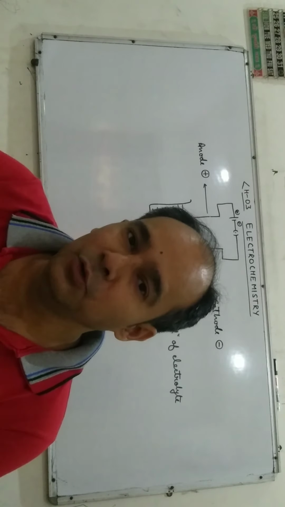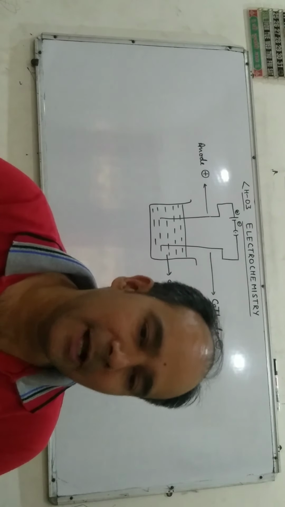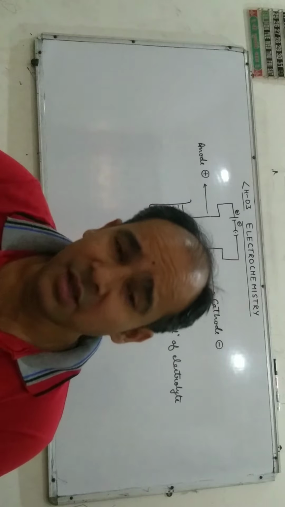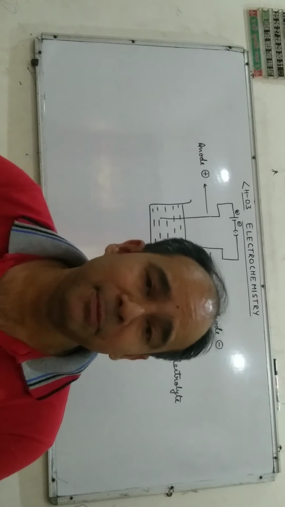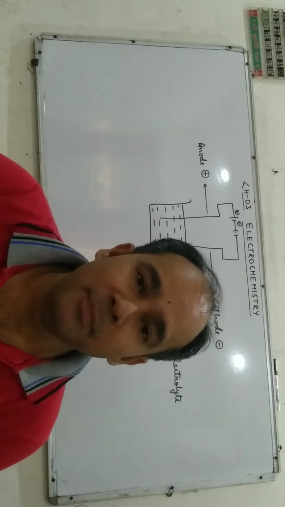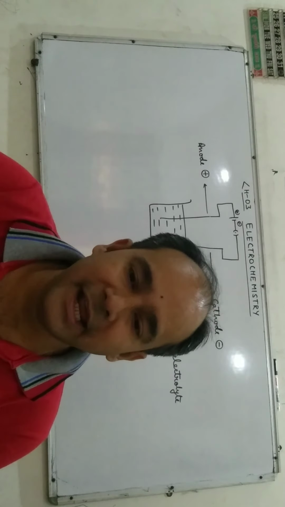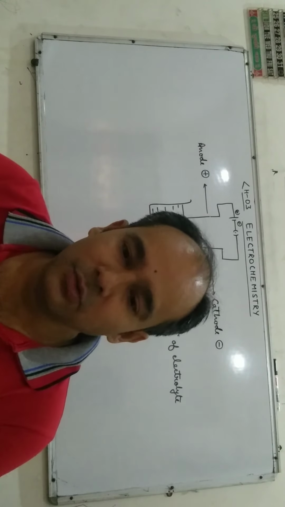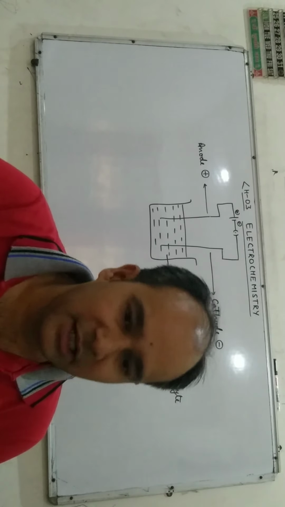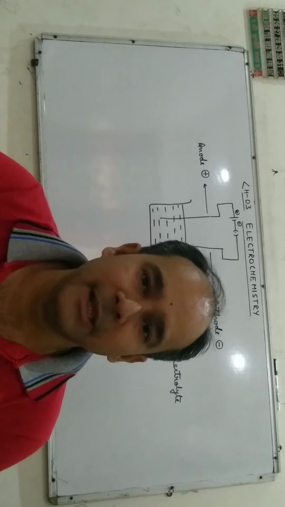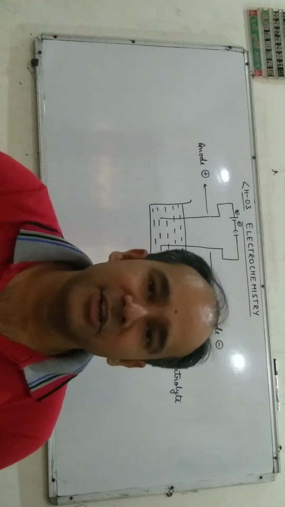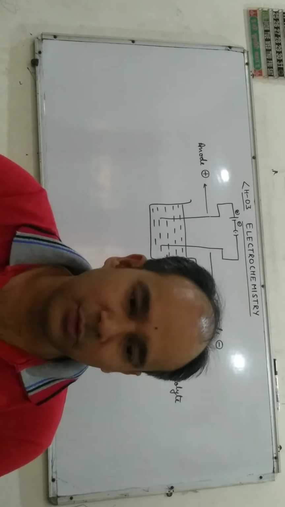Then the ions lose their charges and become neutral. Cations accept electrons from the cathode while anions lose electrons at the anode to become neutral. Thus, oxidation takes place at the anode and reduction takes place at the cathode.